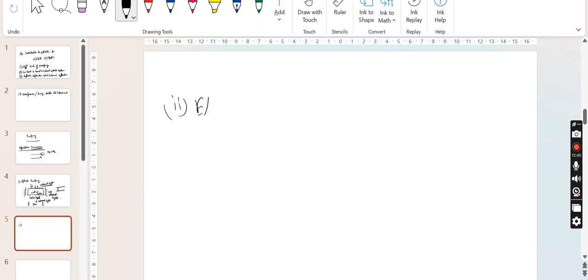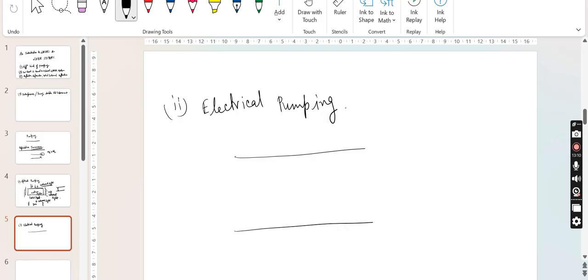Then comes electrical pumping. So what happened is, these are atoms here, that is E equal to E0.